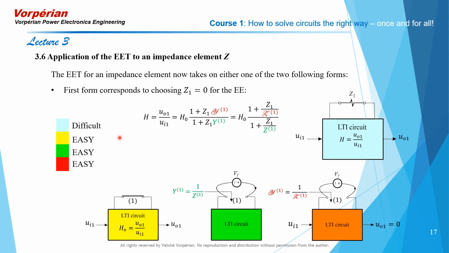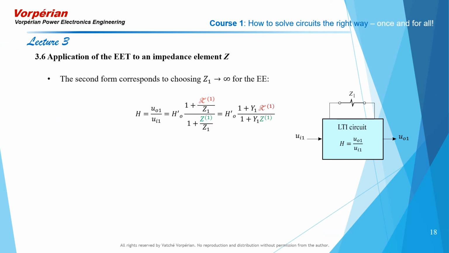So what we have really is one difficult step from the beginning, which will break it down into three easy calculations. One difficult equals three easy. And that's the application of the extra element to an impedance element when you first choose its value to be equal to 0.